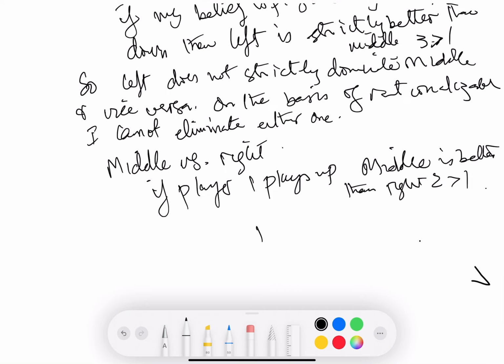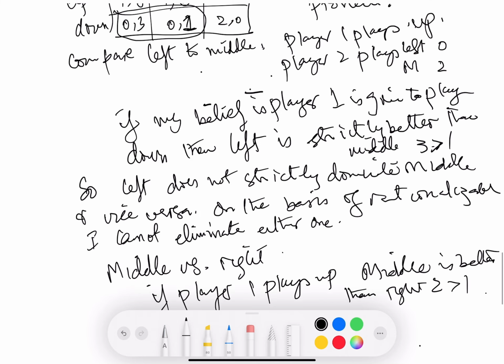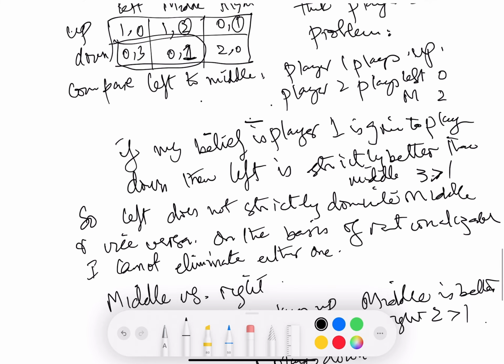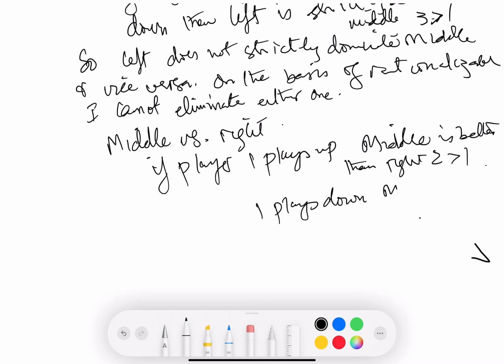If player 1 plays down, then what's the case? Middle is better. Middle is better again.